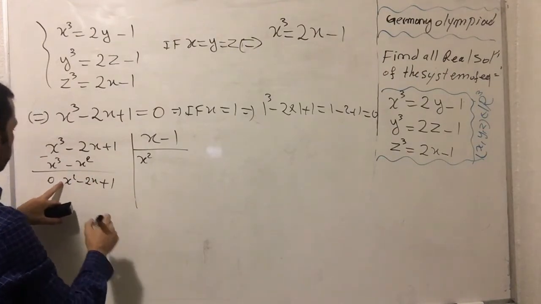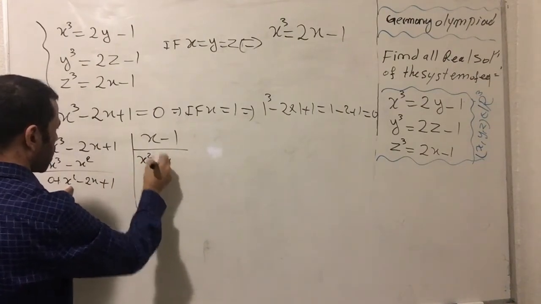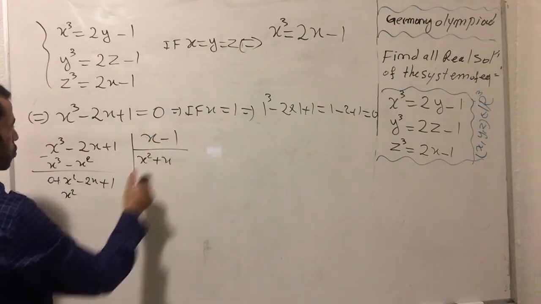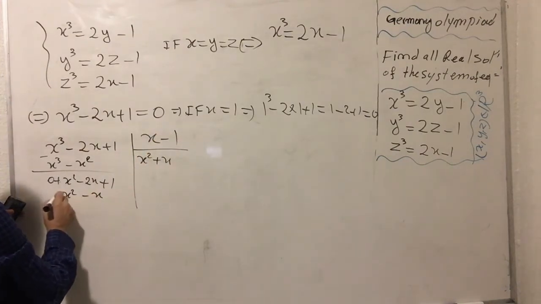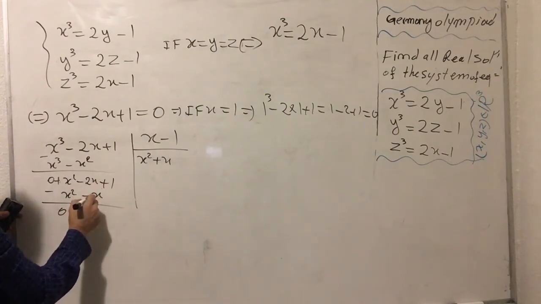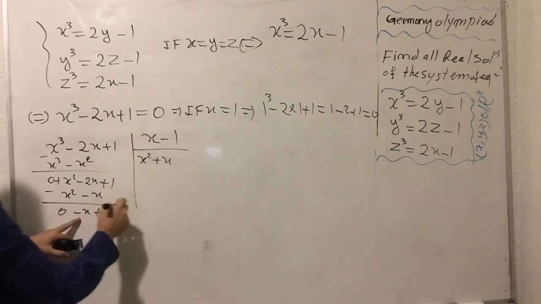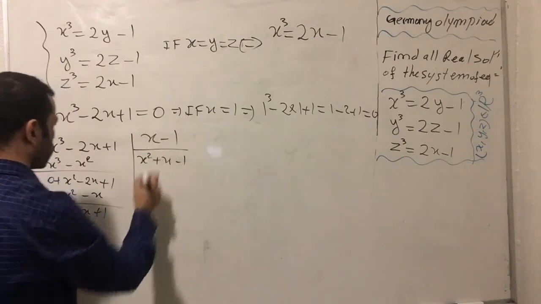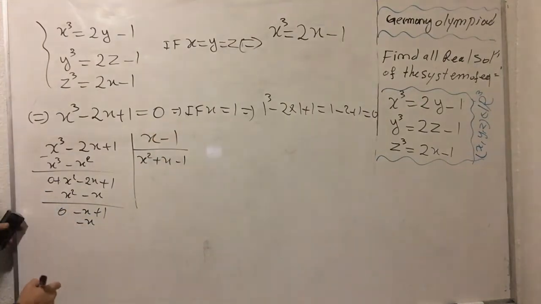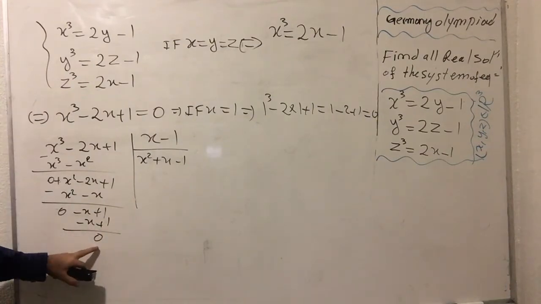Then x squared divided by x gives plus x; x multiplied by x minus 1 gives x squared minus x. I subtract, and I will have minus x plus 1. Minus x divided by x gives minus 1; minus 1 multiplied by x minus 1 gives minus x plus 1. I will have 0. The remainder is 0.